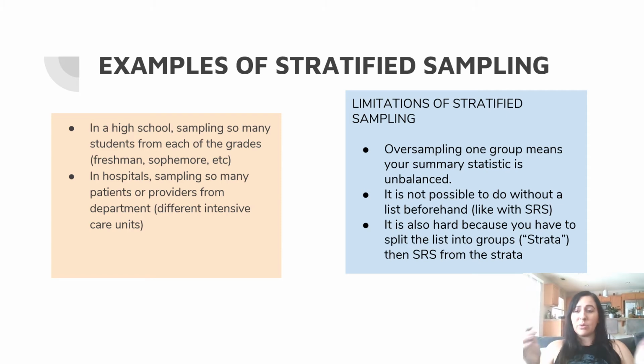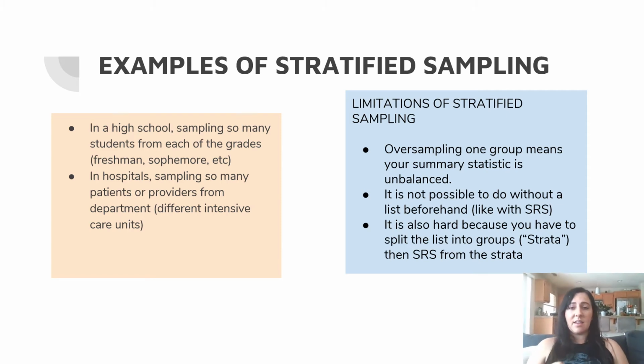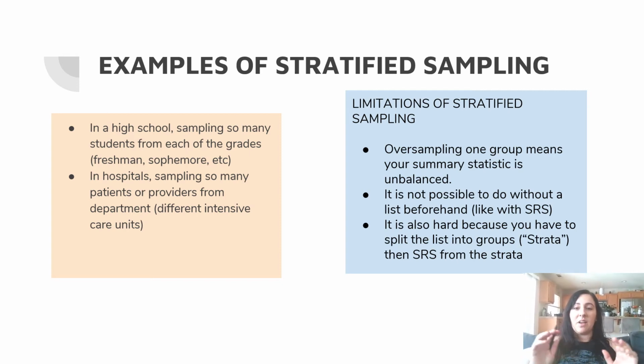Okay, so anyways, now let's look at some limitations. So limitations of stratified sampling. Now, a big one, probably the main one, would be oversampling. And this is the obvious one, I think.